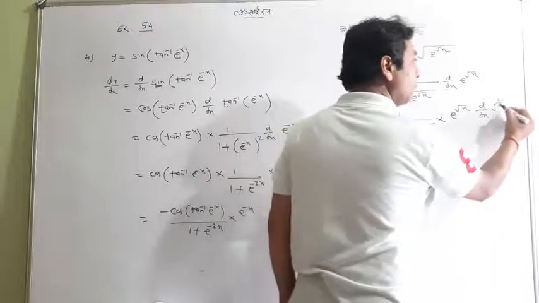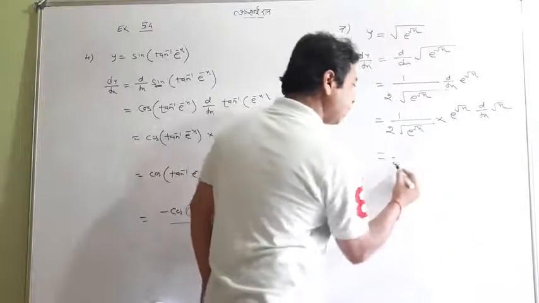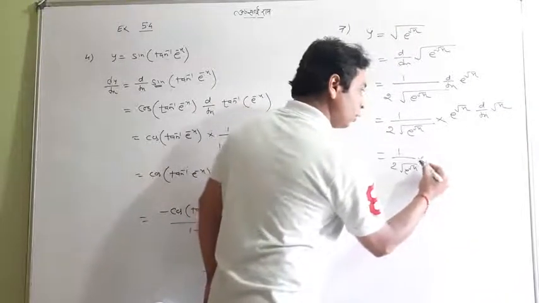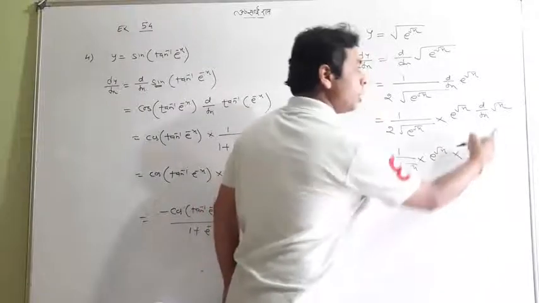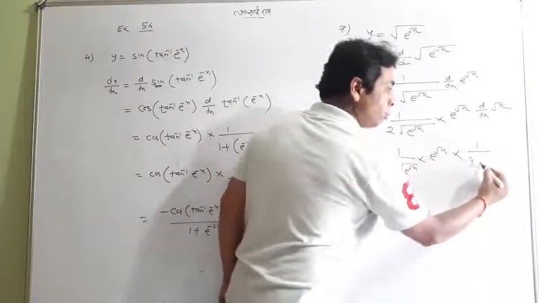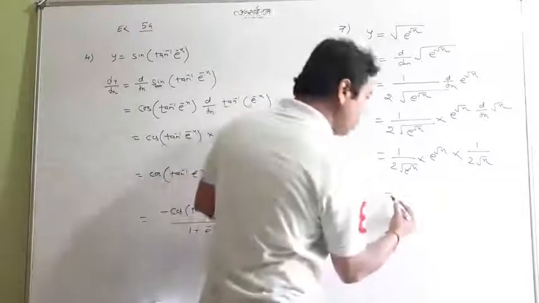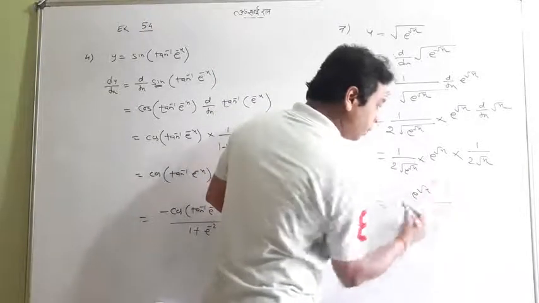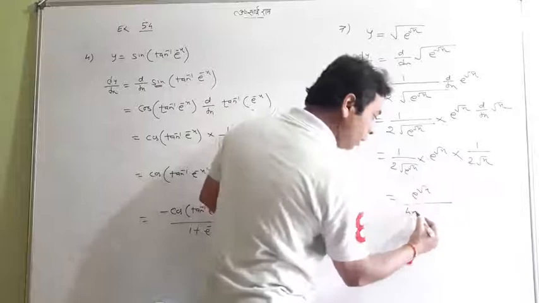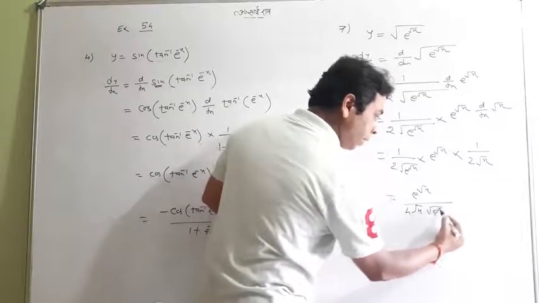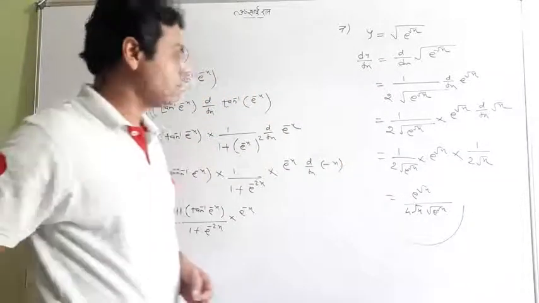We have to go with the differential of root x. And the last answer I am about to write here: d by dx of root x is 1 by 2 into the same, and then merge them all the way. It is your answer. The upside is only this, and 2 2s are 4 root x, and e to the power root x will be your answer. So this is the answer.